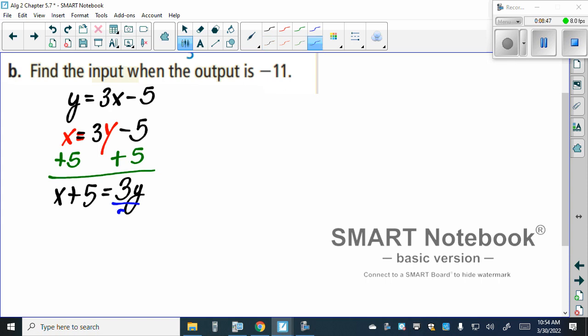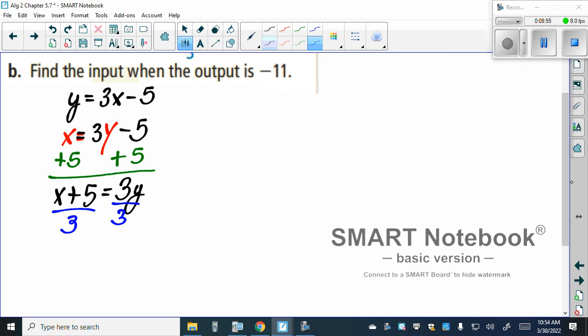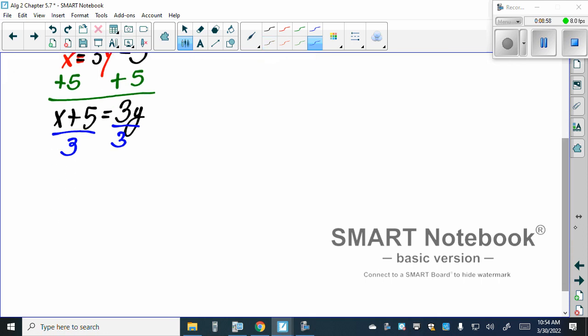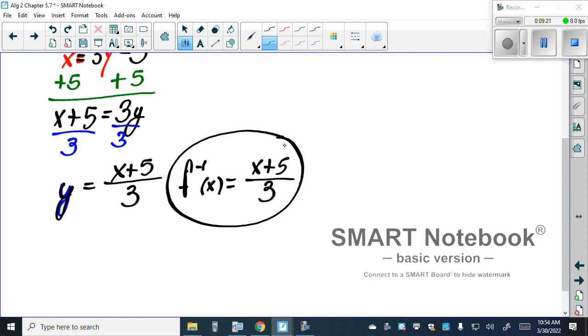Yes, then we would need to divide both sides by 3, telling us that y is equal to x plus 5 over 3. Or really we can say that f inverse of x is x plus 5 over 3. And that there is our inverse. That there is our inverse function.